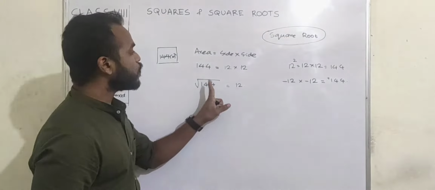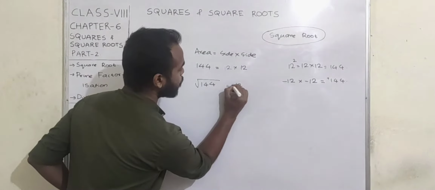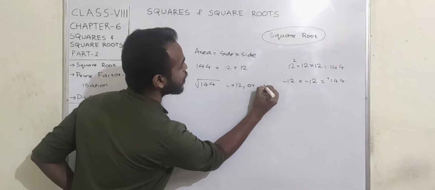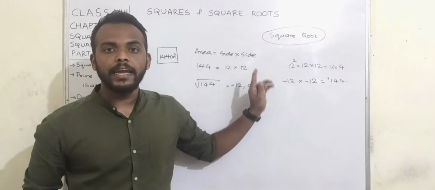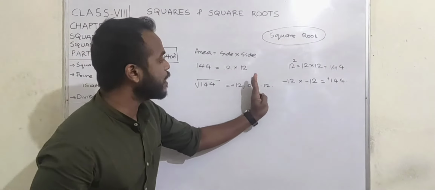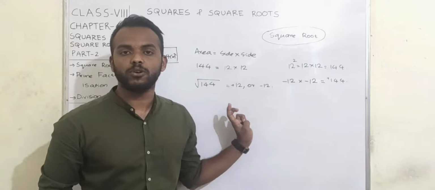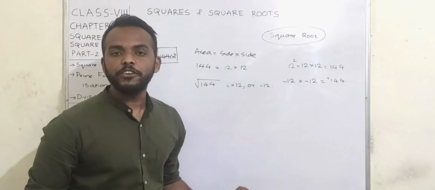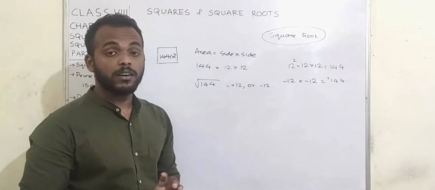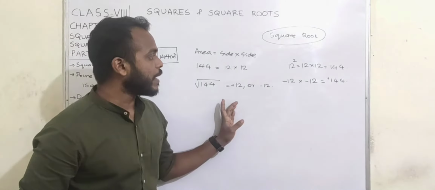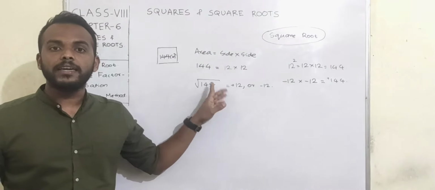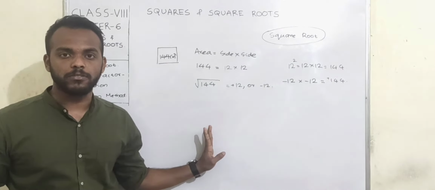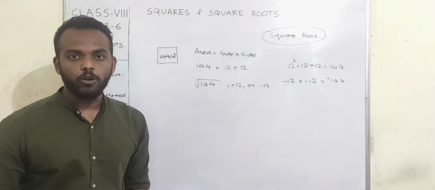So the root of 144 can be positive 12 or negative 12. But in this chapter, we are not dealing with the negative part of the square root. All you need to keep in mind is that the root of a number can have two different values. It's not at all complicated.